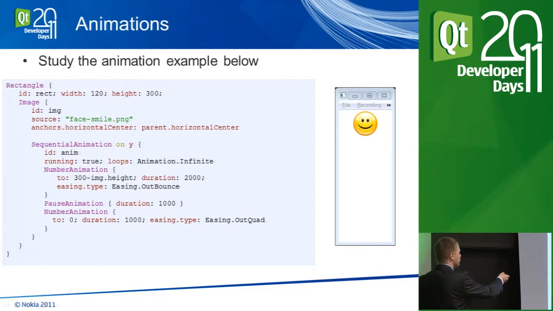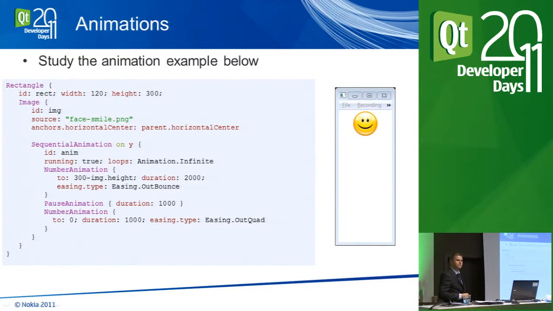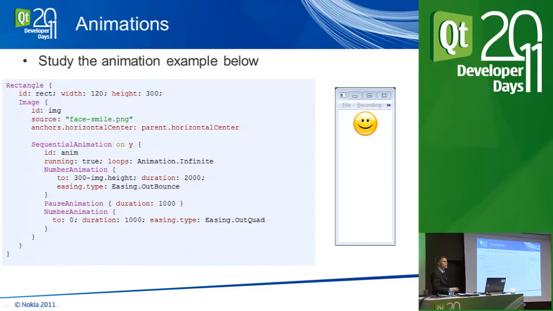What we can do is define our view. The rectangle is our root element in this case. We define an image, which is this image, and then we define an animation, in this case a sequential animation on Y. Essentially, we tell the image that we want to add an animation that targets this image, and more specifically, the property Y on this image.